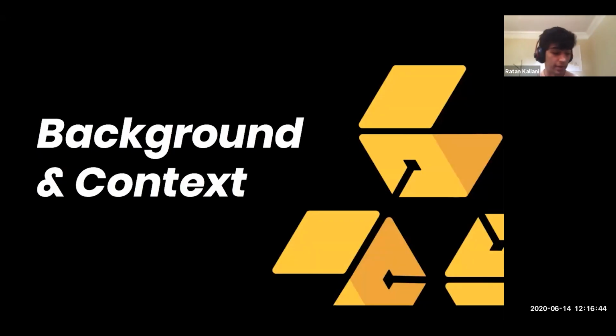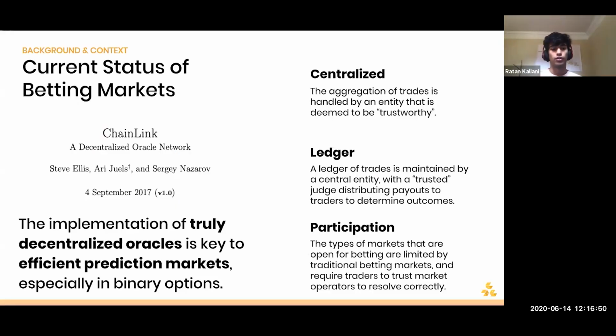So we'll now be diving into some background and context for the Augur platform. The current status of betting markets and decentralized oracles is pretty significant within the space. We see Chainlink as really the establishment of a key decentralized oracle within the space, but Augur takes a different methodology for handling decentralized oracles. It's completely crowdsourcing the information. They're asking people, where exactly are you getting this information from?